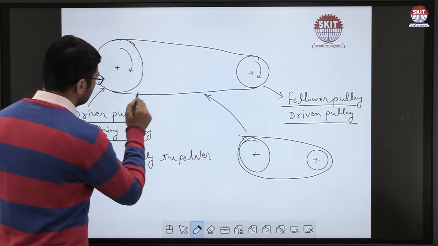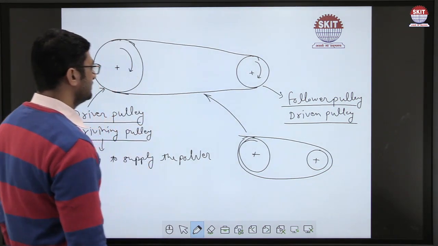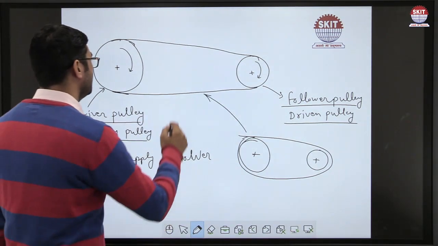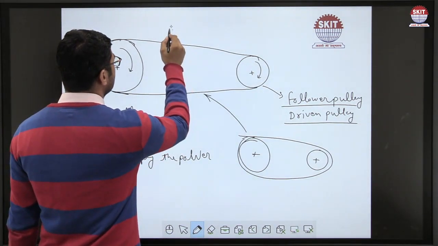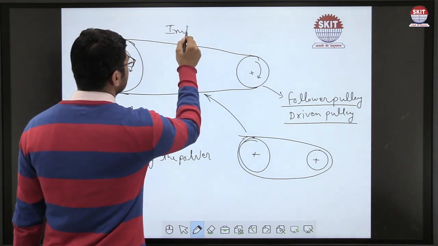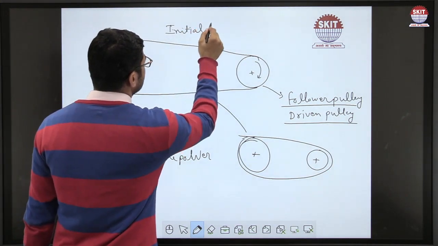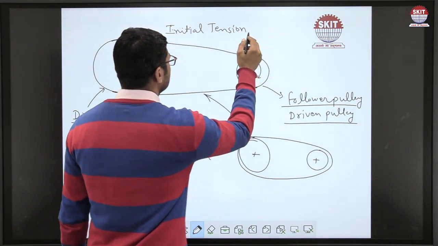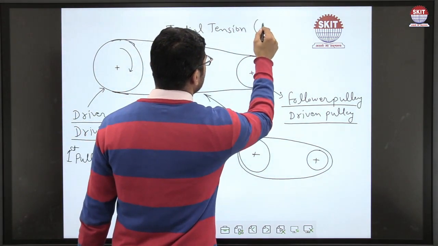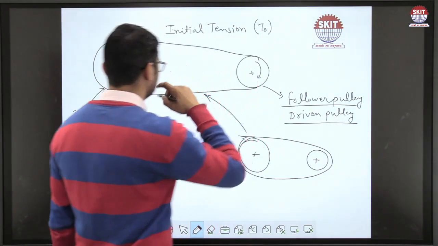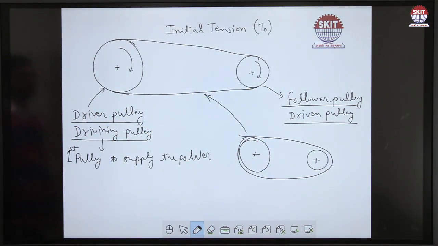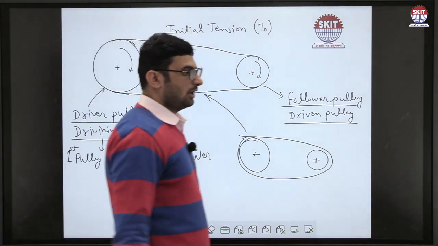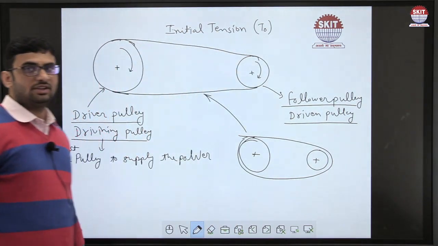The tension provided at the start to transmit the power is known as the initial tension in the belt, which is denoted by T naught. So initial tension is the tension required in the belt to transfer the power from one shaft to another shaft.